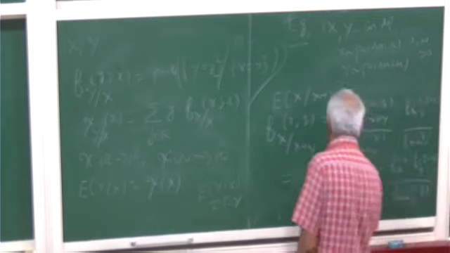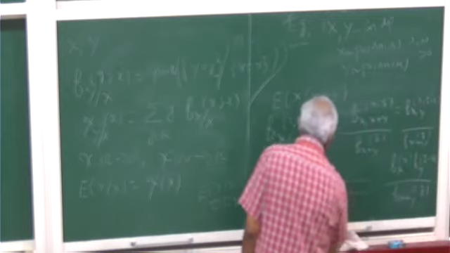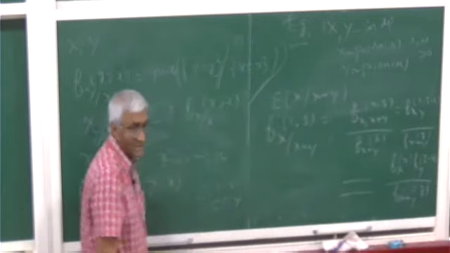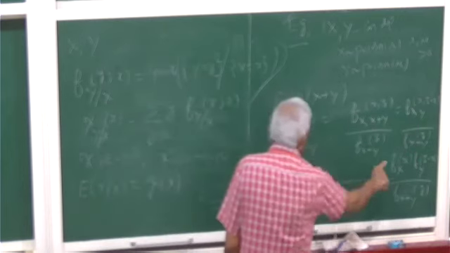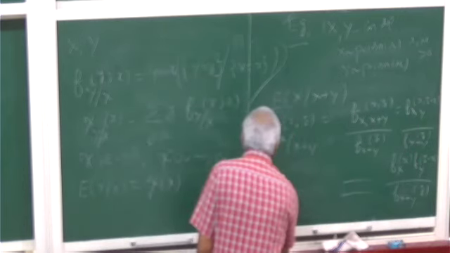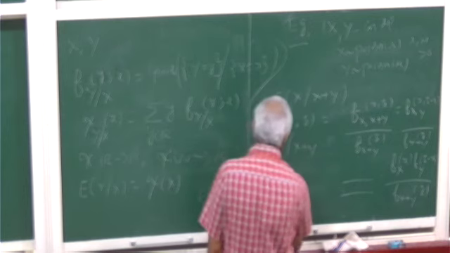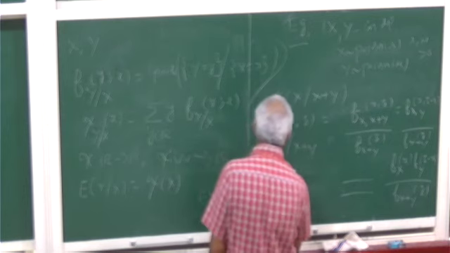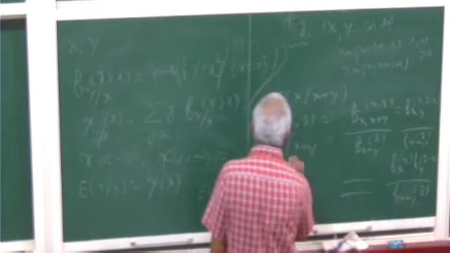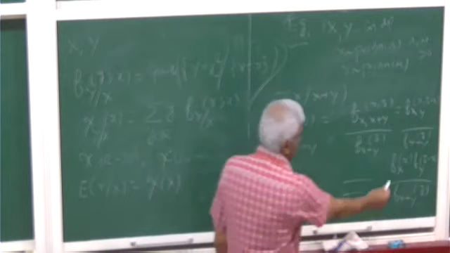Now this whole thing, you just write the definition. First, lambda power x by x factorial, e power minus lambda. This is the probability of this.